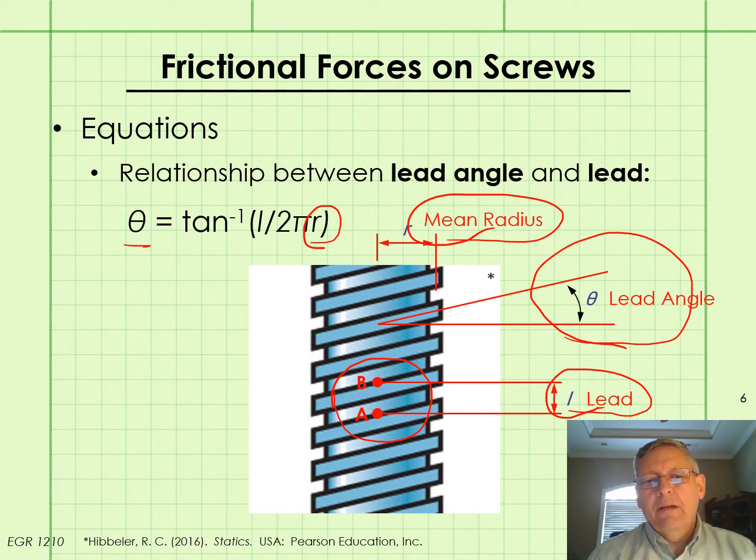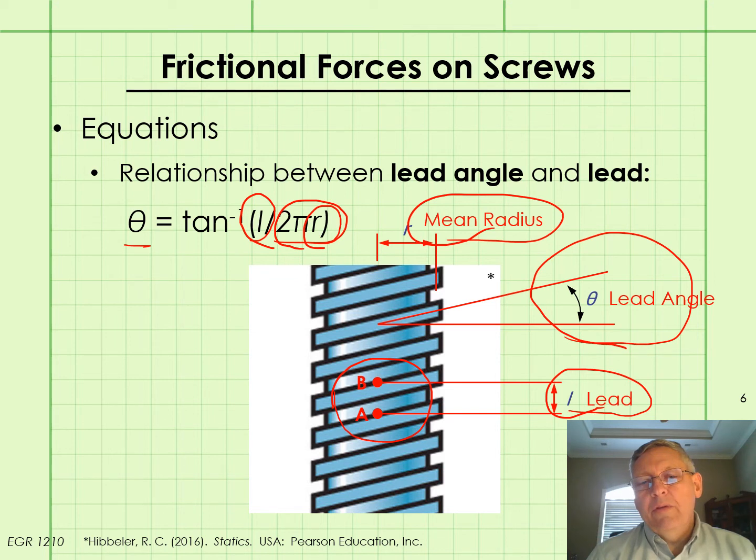And theta is equal to the inverse tangent of the lead, the vertical distance realized by one revolution of the screw, divided by the horizontal distance associated with one revolution of the screw, which is just the circumference of a circle whose radius is the mean radius.